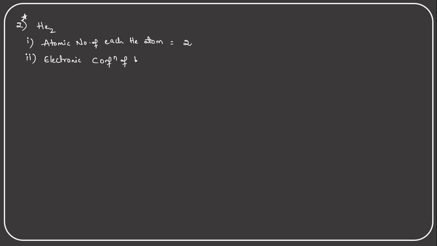The second one is the electronic configuration of the helium atom, which is 1s2, right? And what is the third point now? The total number of electrons in the helium molecule.